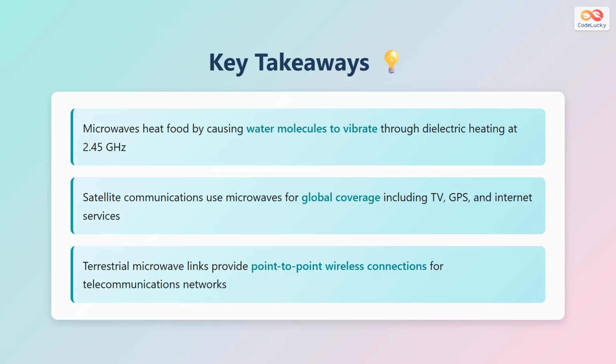In communications, satellites use microwaves to provide global coverage for services like television, GPS, and internet, operating from geostationary orbit 36,000 kilometers above Earth. Terrestrial microwave links create point-to-point wireless connections for telecommunications networks, using relay towers to overcome line-of-sight limitations. Microwaves thus serve two completely different, yet equally important roles in modern technology, heating our food and connecting our world.